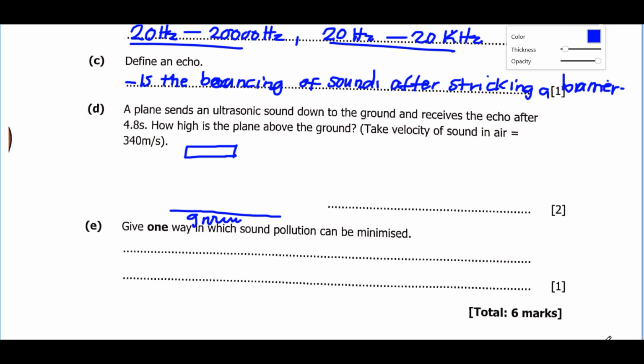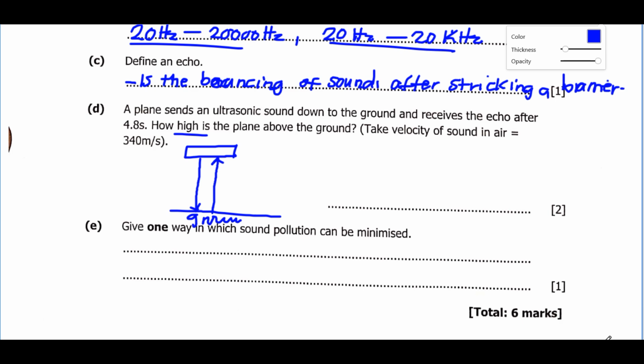Since there was an echo, sound traveled from the plane to the ground, then it bounced back to the plane. During the echo, we have two distances, the going and the coming. For this one, we just need how high, so we just need one of these two distances.